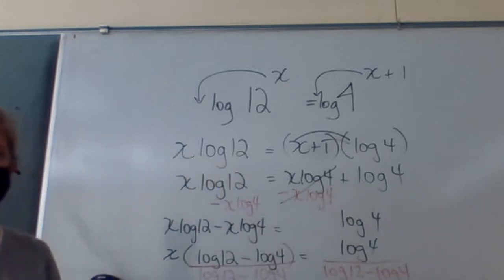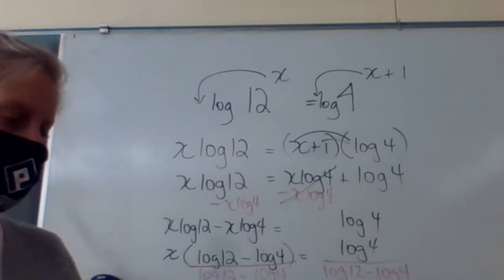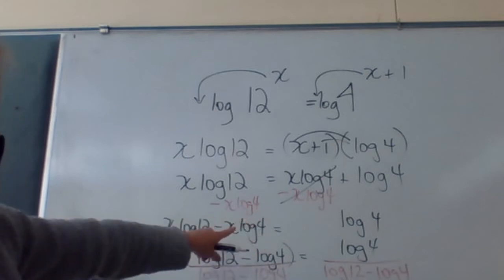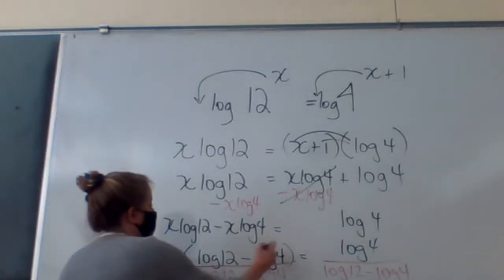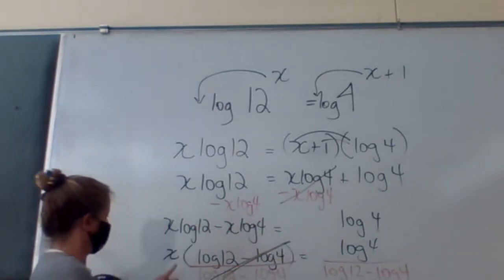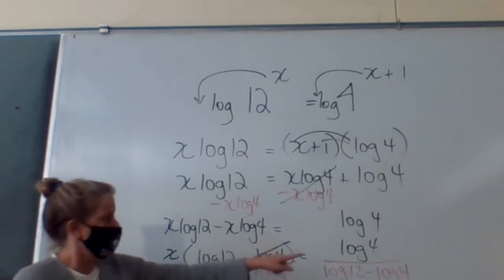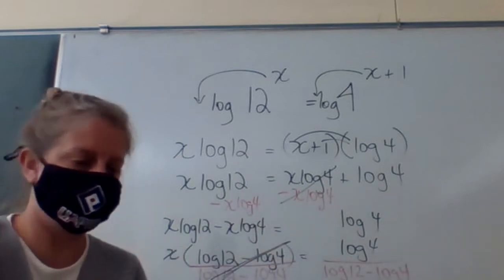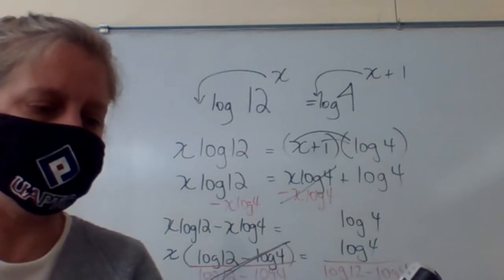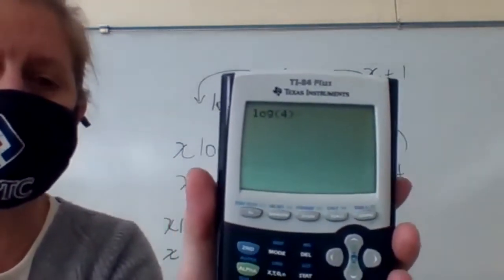Now, this does take some kind of crafty calculator work. So what I would do, because once I solve this right-hand side, I'm done, right? Because that cancels. Here's my x equals. I just need to figure out what all that is. So type in log 4, close. Go ahead and hit enter.